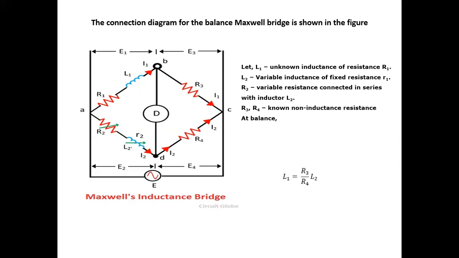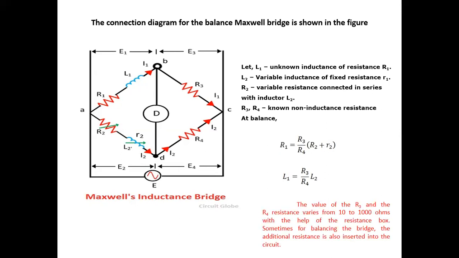Then by using the bridge balance condition equation, Z1 Z4 is equal to Z2 Z3, put all the values of Z1, Z2, Z3, Z4 in that equation, and by solving this equation or by comparing the real and imaginary terms, we can find the unknown values of resistance R1 and L1.